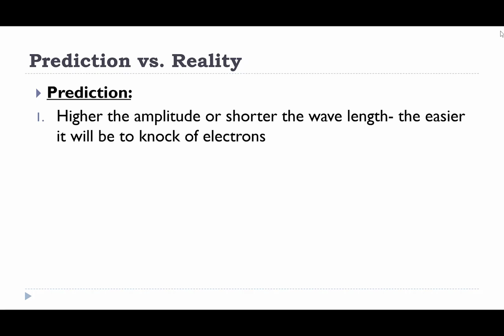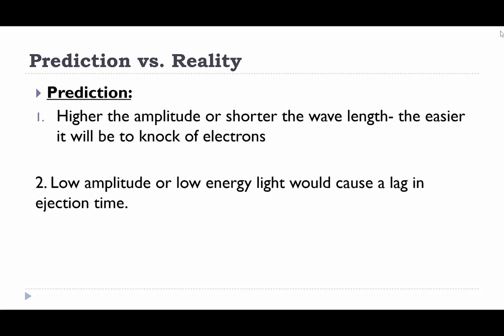But again, Newtonian physics, pretty easy to understand. And then conversely, low amplitude or low energy light, there would be a lag in ejection time. So what we're looking at here is that even though we hit the glass with a ping pong ball, or we just simply tap the glass, eventually that glass is probably not going to be able to take any more abuse.